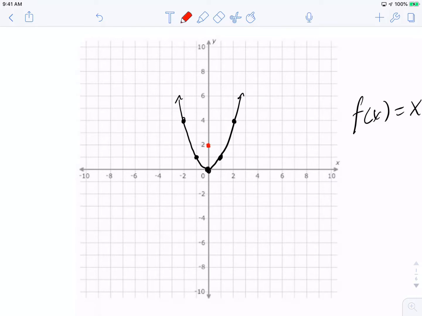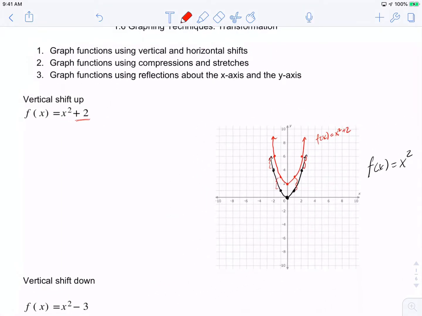So I could bring the 0, 0 to 0, 2, bring each point that I have up 2 spots, and you can see that the gap between them is 2. And this red parabola would then be f of x is equal to x squared plus 2. It's showing us a shift vertically up by 2.